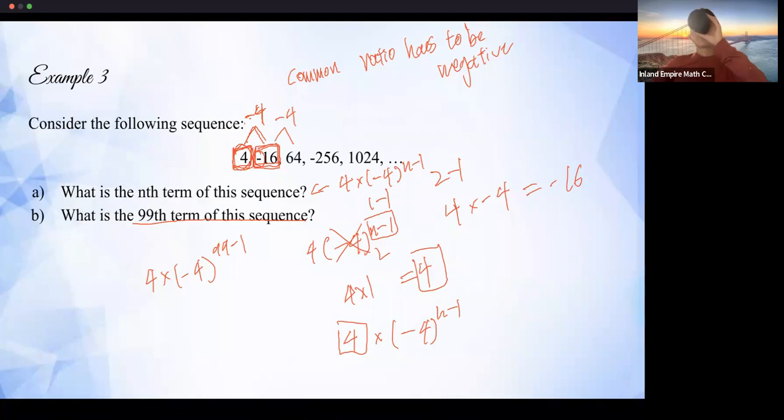That's why it's always -1. And so you guys want to use your calculators to calculate the answer for 4 times -4 to the 99 minus 1 power.